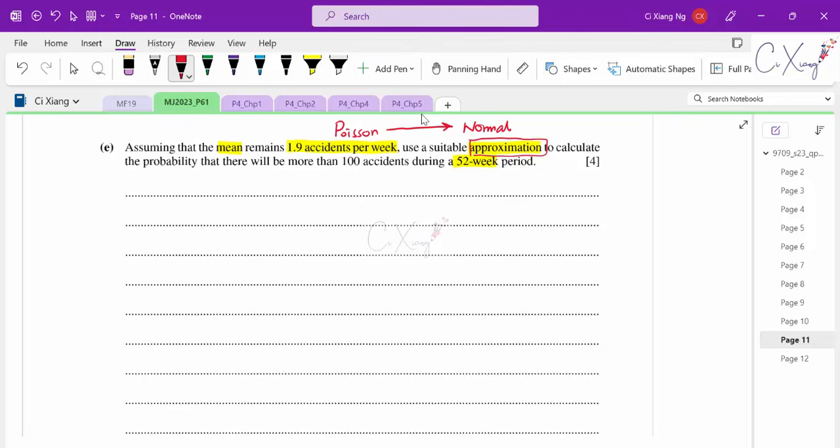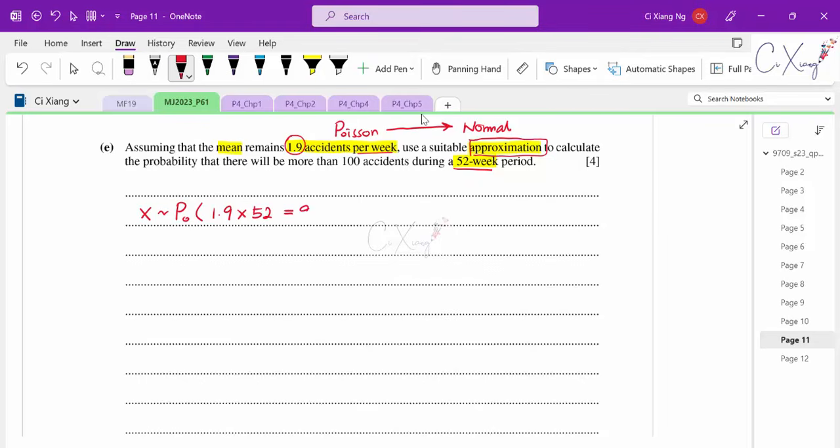Okay, so we will start the calculation here. Originally, I know that my X is Poisson distributed, and the lambda is 1.9 per week. But for our question here, they are changing the duration to 52 weeks. 1.9 is for 1 week. Therefore, to calculate the lambda for 52 weeks, I have to take 1.9 multiply with 52.